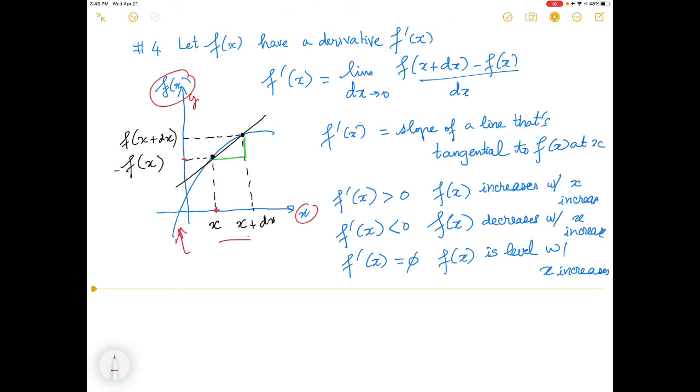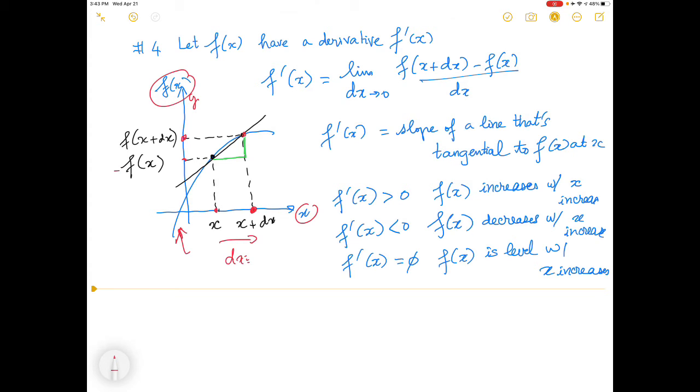And then you add a small quantity in the direction I'm writing here. And so this value on the x-axis now becomes x plus dx, and dx is very small. Corresponding to the x plus dx, you have another value of the function called f of x plus dx.